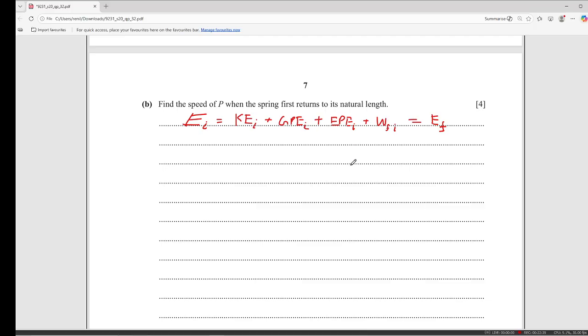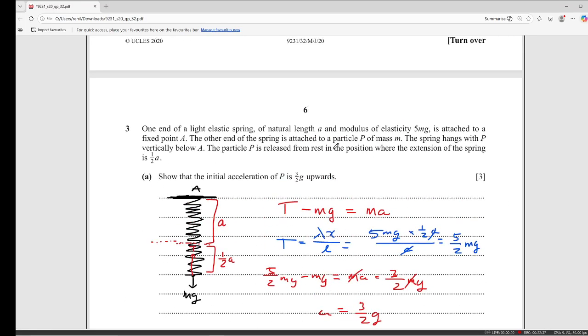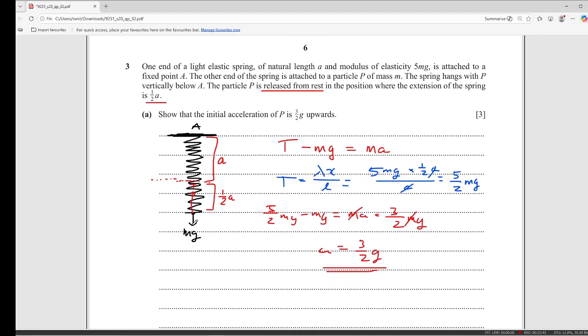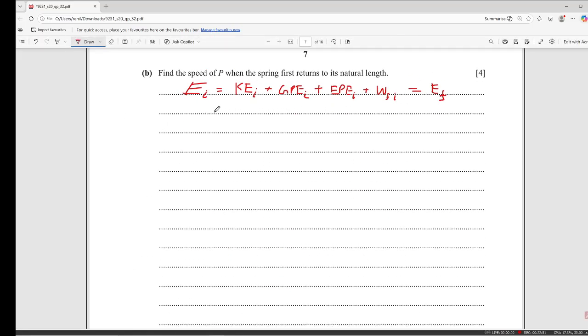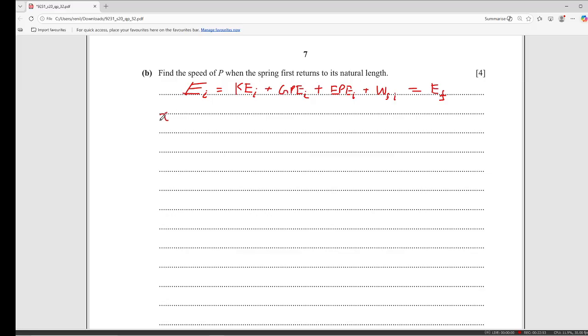Now it says that they release from rest in the position where the extension is 1 by 2a. So let's consider all the energies acting on the spring at exactly 1 by 2a. Going back, let's understand this now. When x equals 1 by 2a, remember the x means extension, we can use this entire thing.